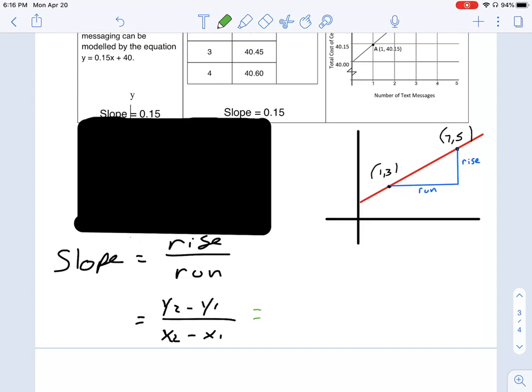Well, in this case, it would be 5 minus 3, our second y value minus our first y value over our second x value, which is 7, minus our first x value, which is 1, which would give us, well, 5 minus 3 is 2, 7 minus 1 is 6. If I could reduce that, 1 over 3.